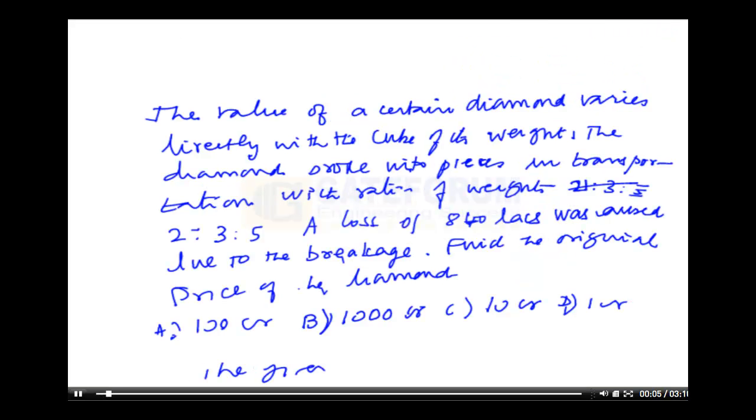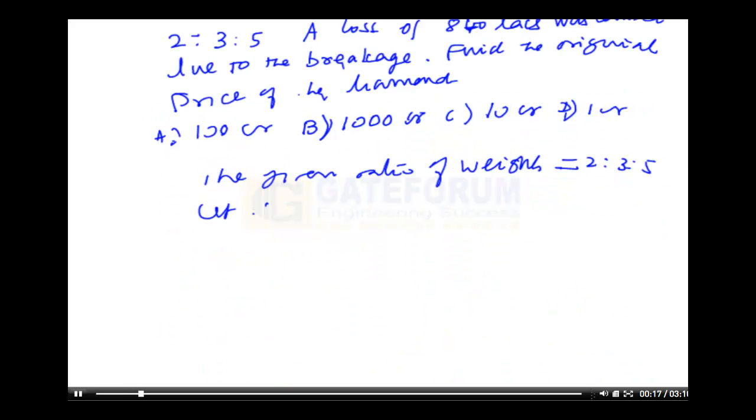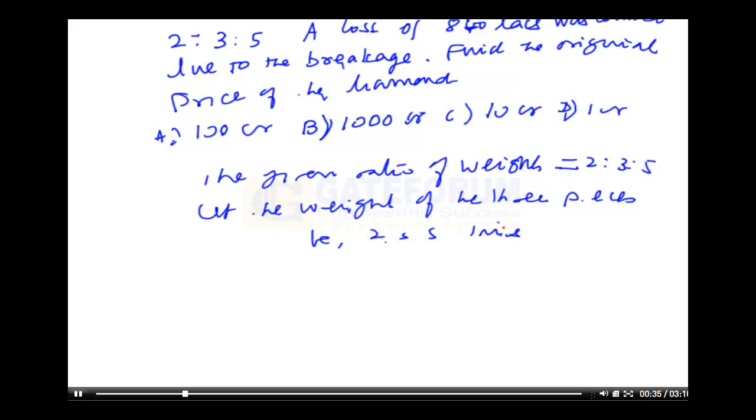The given ratio of weights is 2 is to 3 is to 5. Let the weight of these 3 pieces be 2, 3, 5 units respectively.